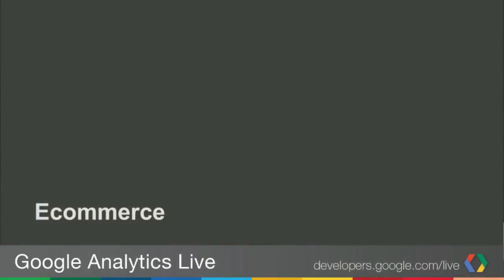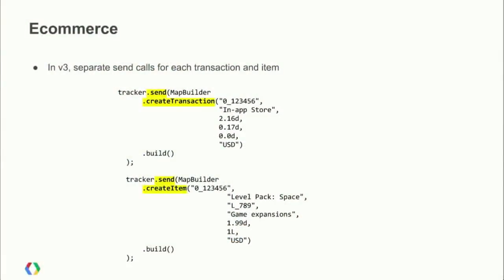Okay, so let's take a quick look at what's new with e-commerce in version 3 of the SDKs. It's actually a pretty small change. Whereas before you would create a transaction object, add items, and send it all in one hit, in V3 you need to make separate send calls for each transaction and item.